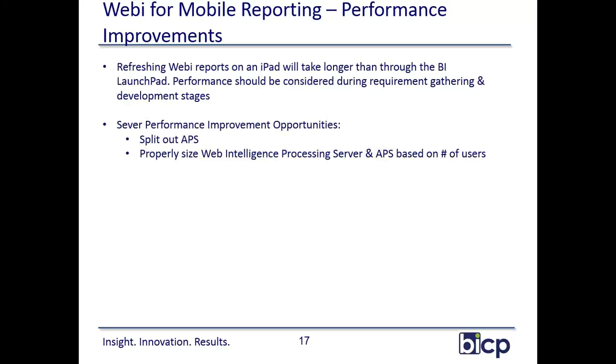The first set of improvements are on the server side, and all these points are related to mobile reporting, but they can also be used for plain old desktop reporting. The first one is splitting out the adaptive processing server. For all the basis people on the line today, or the BobJ admins, you know the APS is one server that contains about 21 different services.